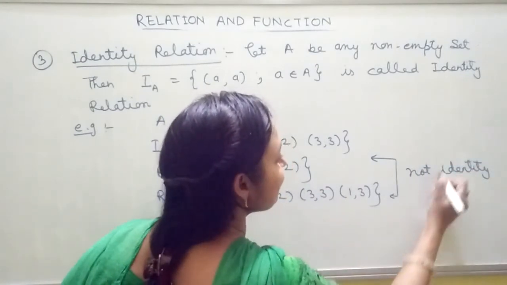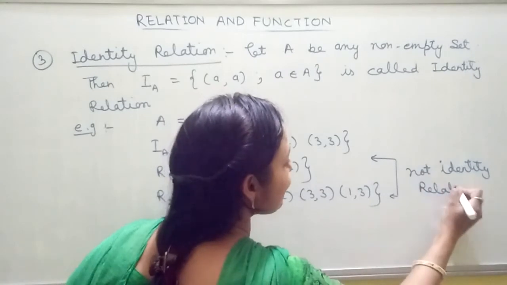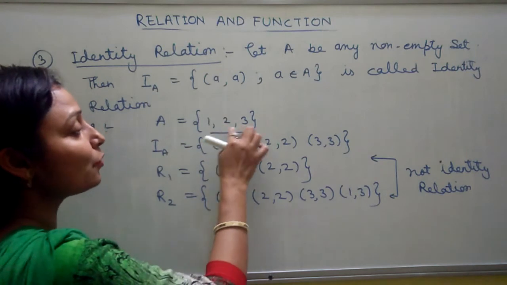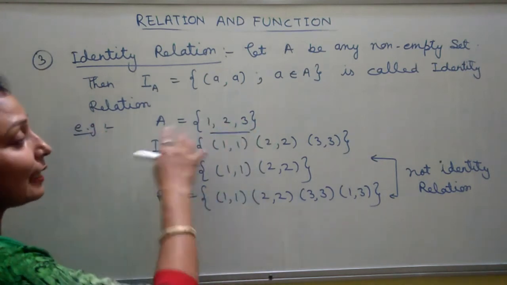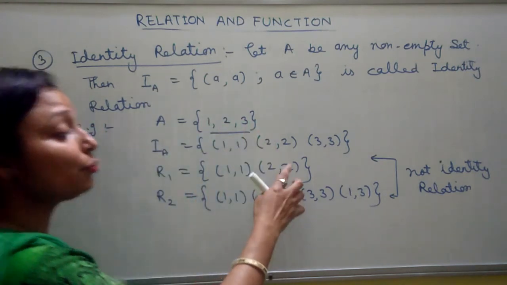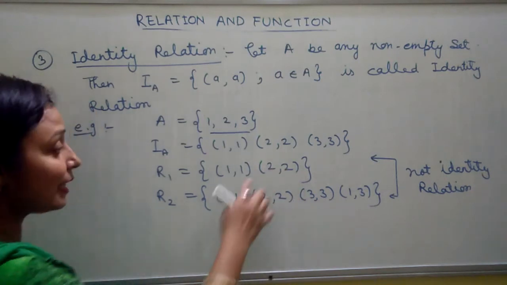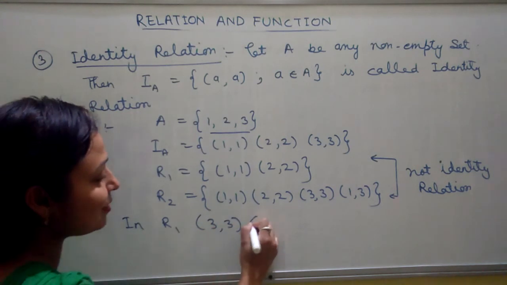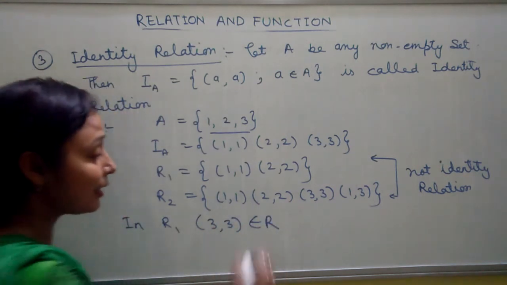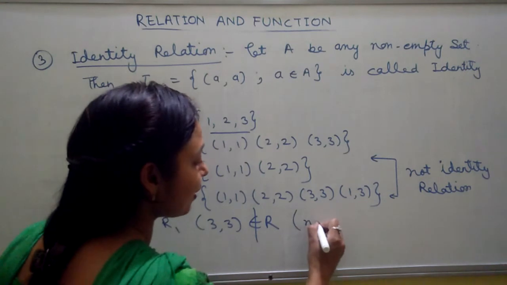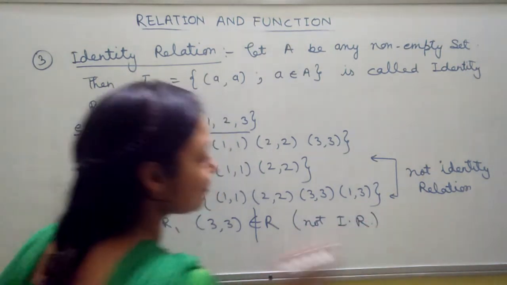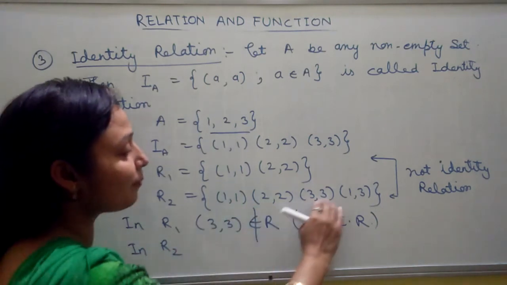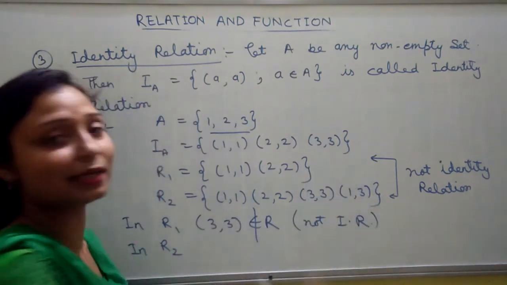Why? Because in the set A we have three elements, and (3, 3) is not present in R1. That means in R1, (3, 3) does not belong to R, therefore it is not an identity relation. In R2, all three elements are present, but 1 should not be related to 3.